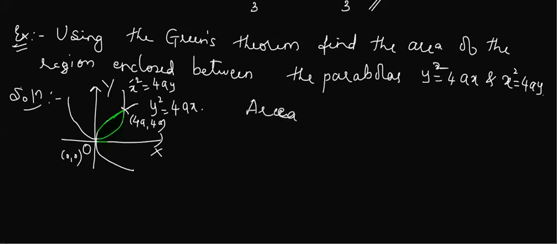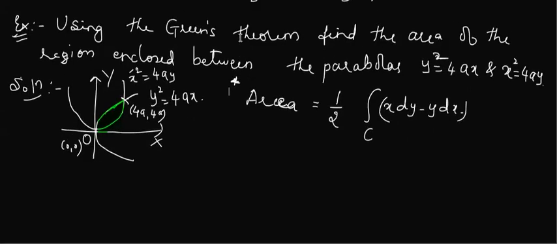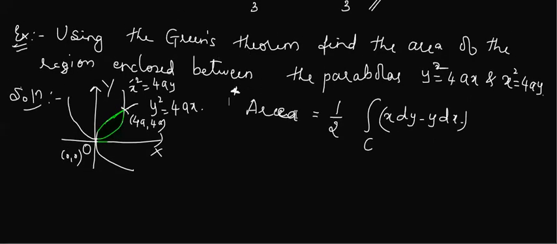Area is 1/2 integration over C of x dy minus y dx. There is a derivation for this, which is not for your syllabus. Usually they'll ask us to evaluate. I just wanted to show that you can even calculate an area bounded between two curves.